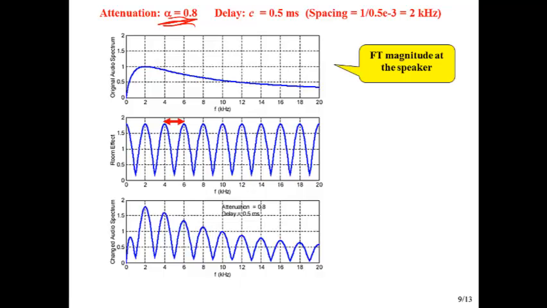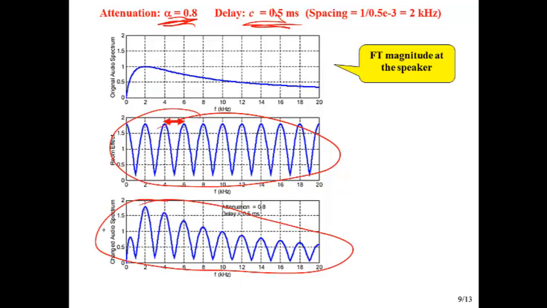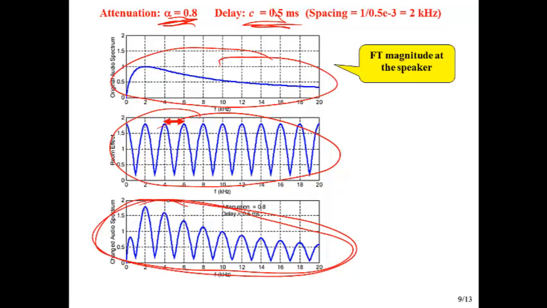So we'll keep the delay the same, so we see the same spacing, but now we see a much larger up and down, and we see a much more pronounced effect on the spectrum. So instead of hearing this, we're hearing that.